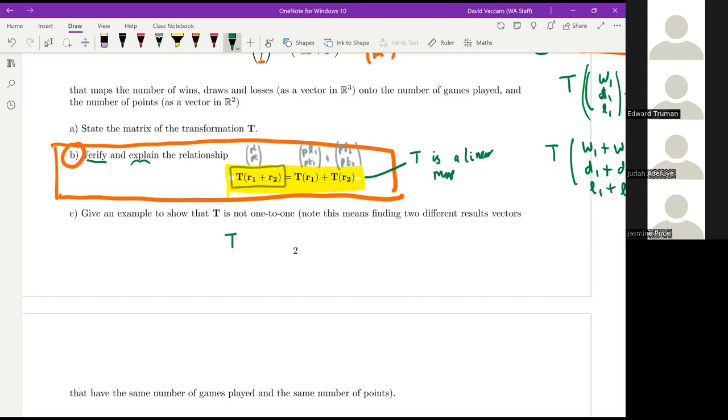The other property of a linear map is that if you look at T applied to a multiple of a vector, that's the same as multiplying the image by lambda. These two conditions together, 1 and 2, say that T is linear, and they can serve as a definition for linearity. And that's one of the other problems on the sheet.